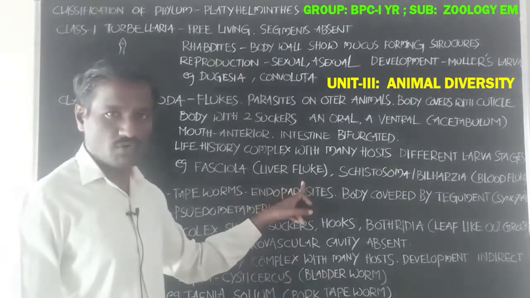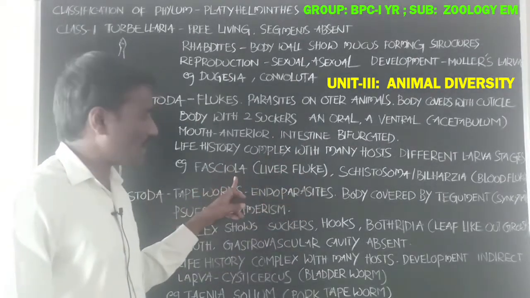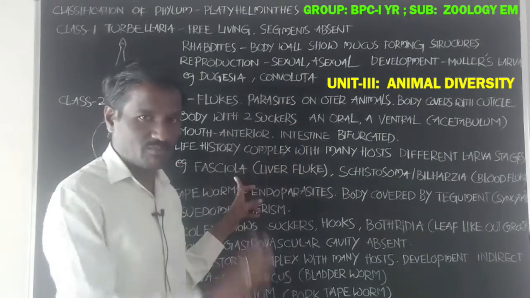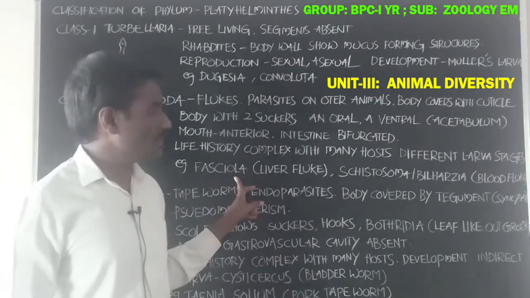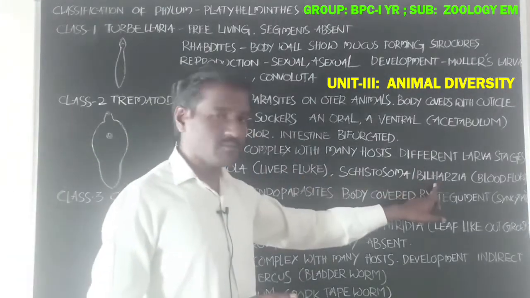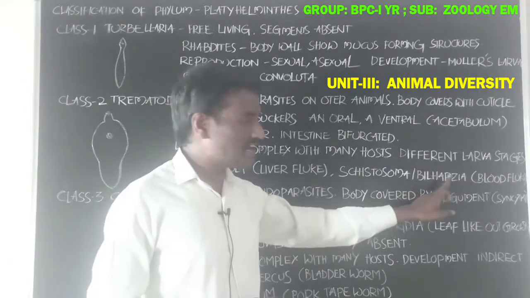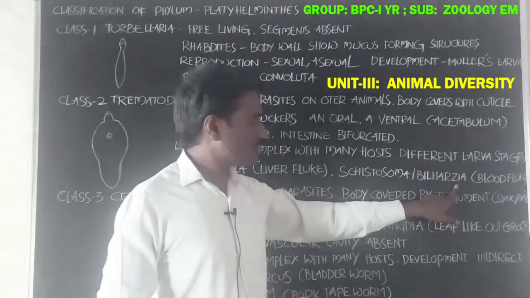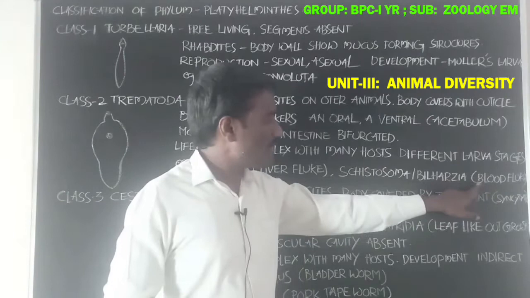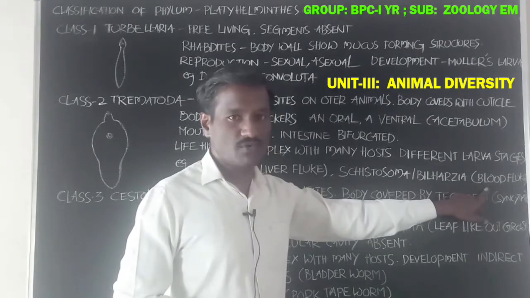The primary host is sheep, the secondary host is snail. Schistosoma haematobium, also called bilharzia, lives in the blood of human beings. It is also called blood fluke.